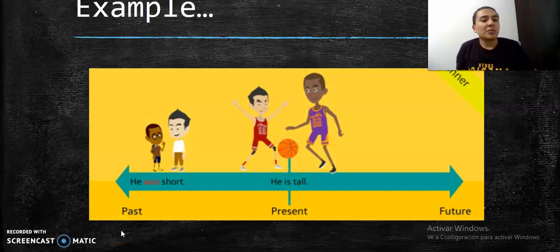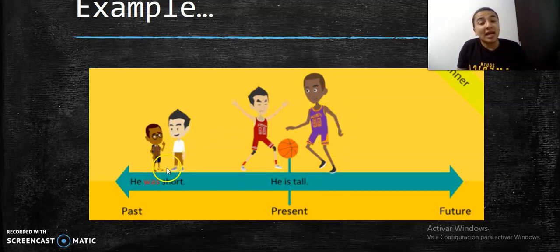Now, this is an example. Here you have the present. Okay. Let's suppose that this over here is John and Lucas, right? So John is tall, right? But Lucas is taller than John. So right here it says Lucas is tall.